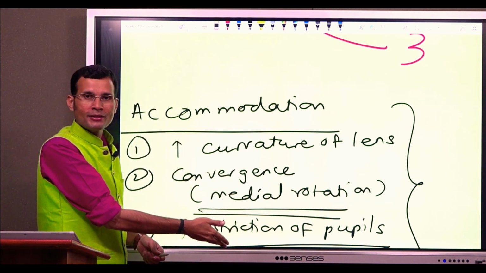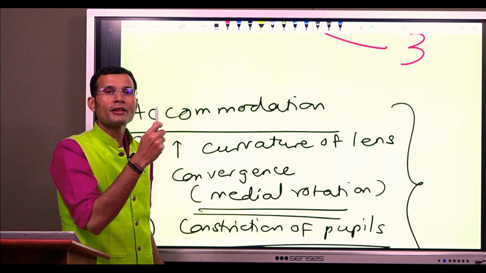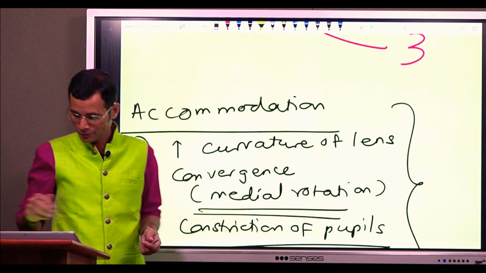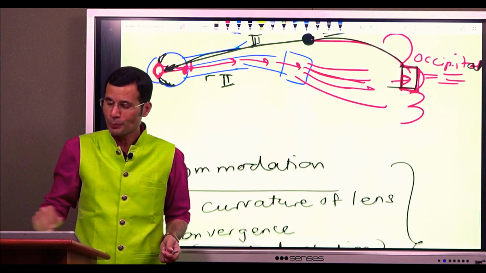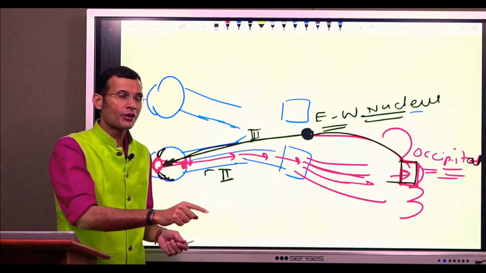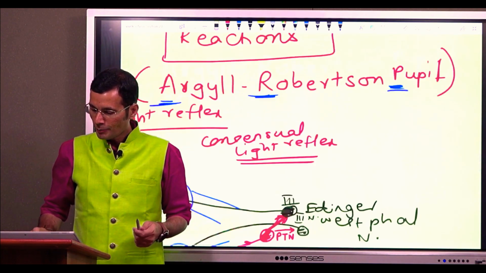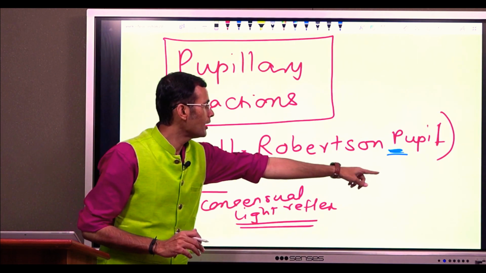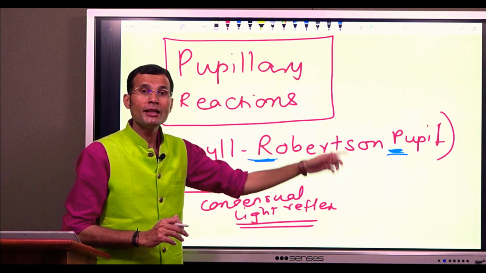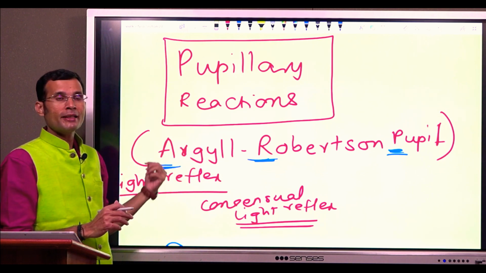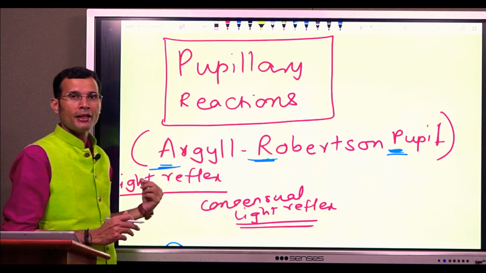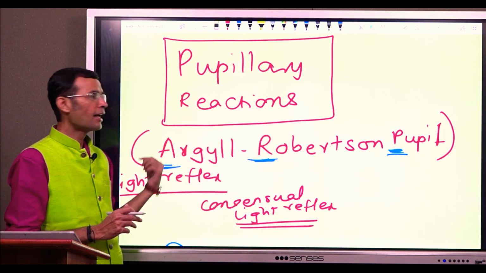Constriction of the pupil happens to look at the near object. Accommodation involves constriction of the pupils. So, pupil will constrict when you are looking at the near object, but pupillary reflex, meaning pupillary light reflex, is absent. ARP, PRA, pupillary light reflex is absent.